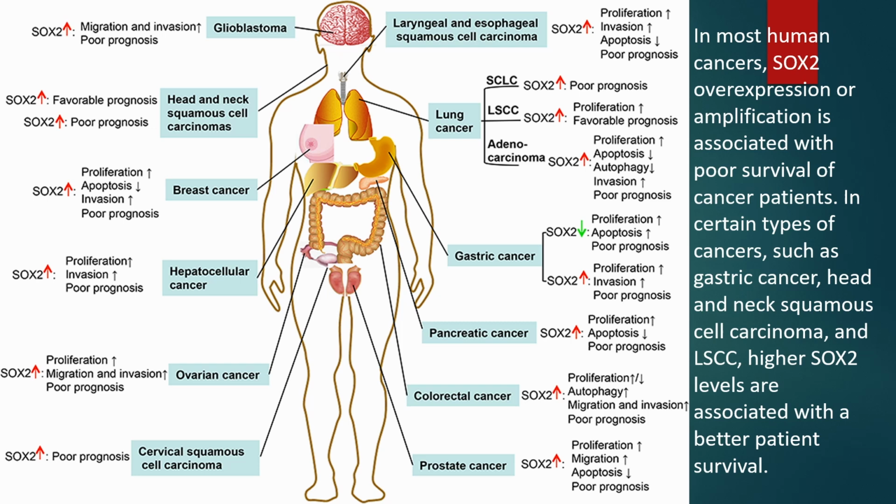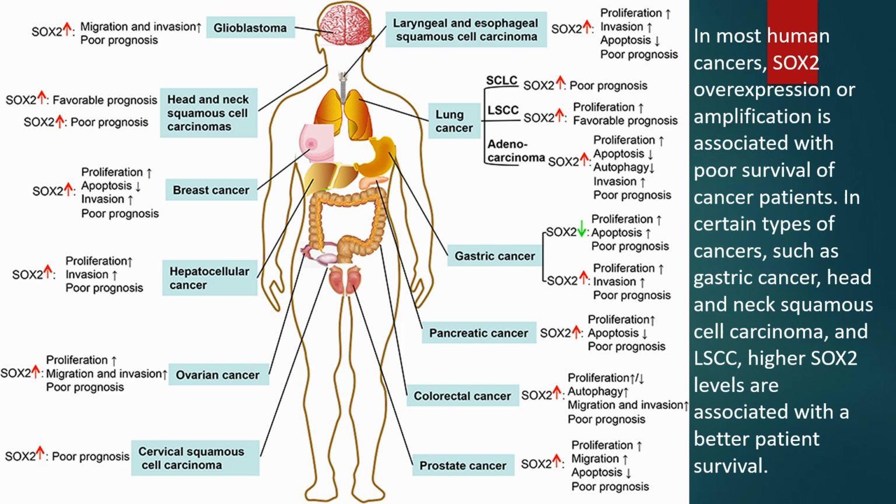All types of cancers are shown in this diagram, like glioblastoma, head and neck squamous cell carcinomas, breast cancer, hepatocellular cancer, ovarian cancer, cervical squamous cell carcinoma, laryngeal carcinoma, lung cancer, gastric cancer, pancreatic cancer, colorectal cancer, and prostate cancer.